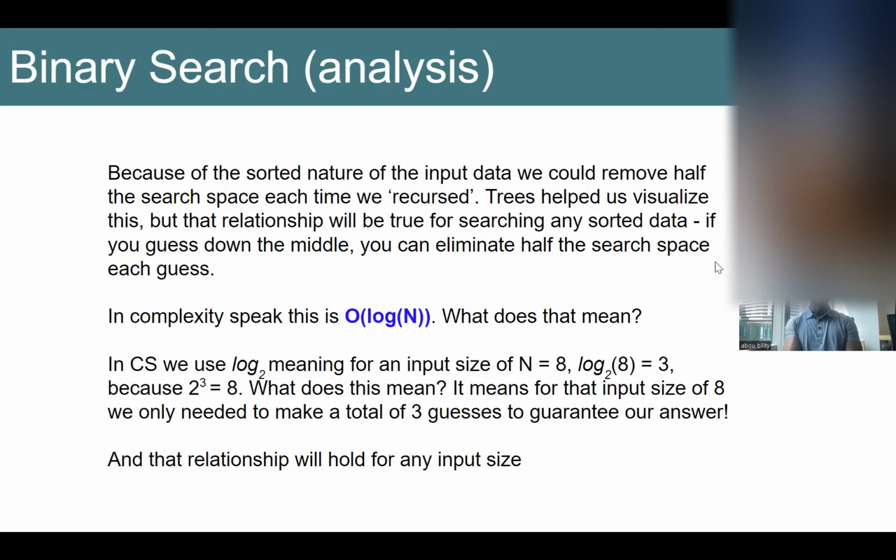Or for 32, it's going to be 5, and so on and so forth. So for us right now, time complexity will basically tell us the number of guesses that we need in order to search for the number in our binary tree.